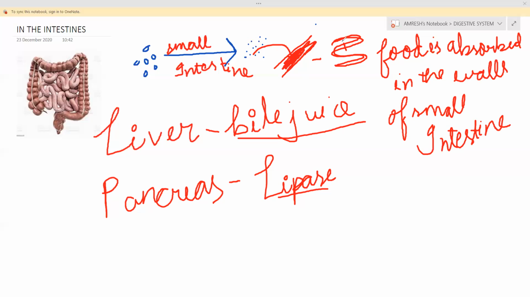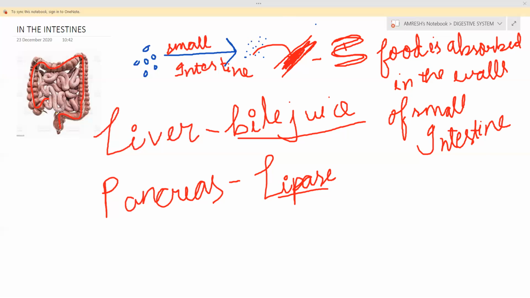Now, you know there are some waste products from the food. Everything cannot be digested. So the waste of the food moves to the large intestine, which is wider than the small intestine. The water present in the food gets absorbed here, and what remains is the feces, meaning the undigested particles.